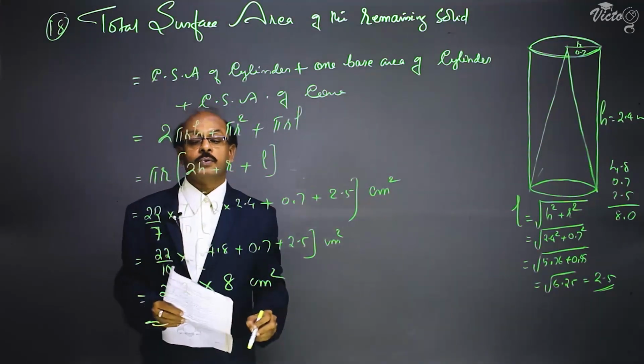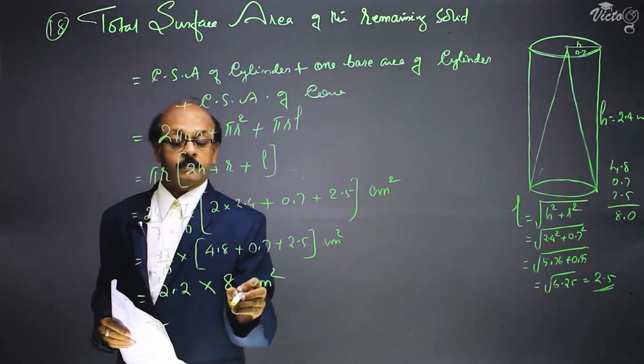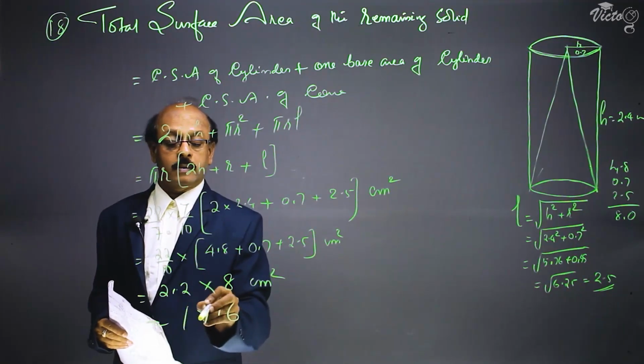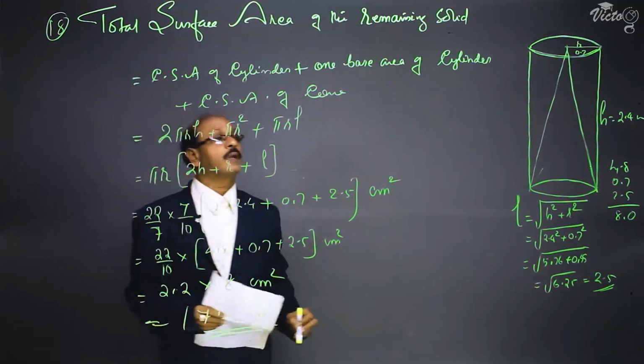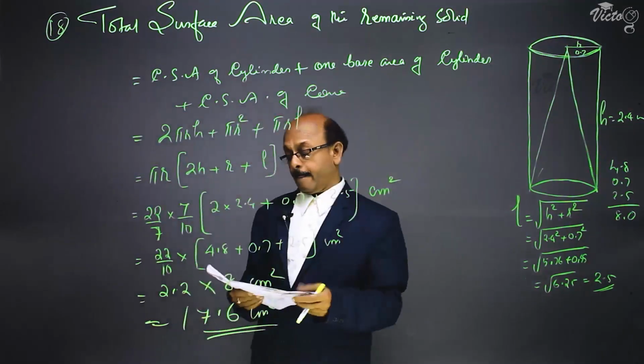Multiplying 2.2 into 8, centimeter square is the total surface area of the remaining solid. Okay.